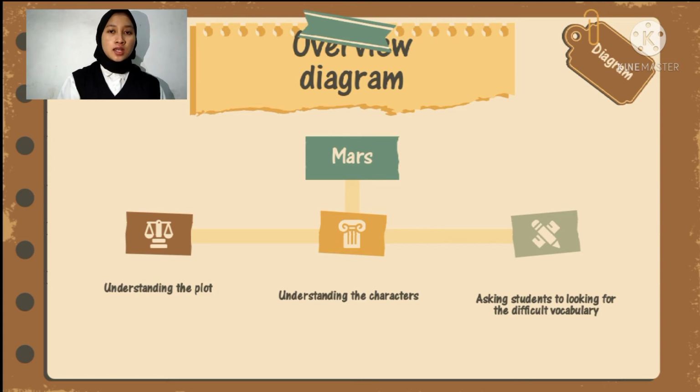First is understanding the plot, the second is understanding the character, and the last is asking the students to look for the difficult vocabulary. To understand the plot, I would like to ask the students to make a summary as the main point of each paragraph based on the short story that has been given to them before.